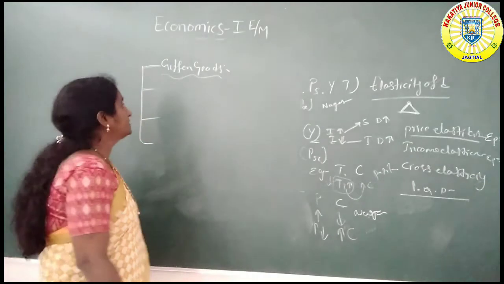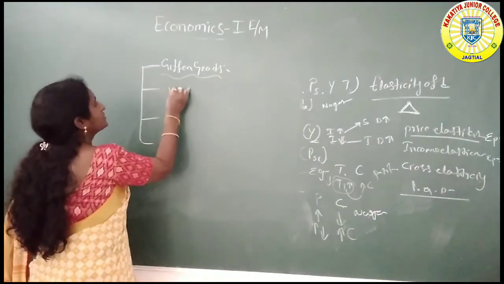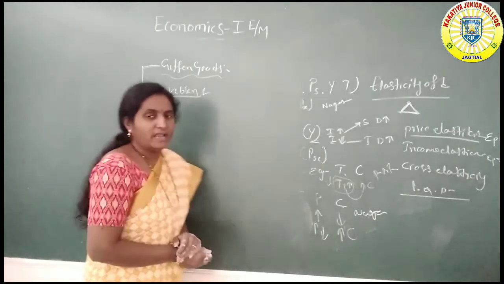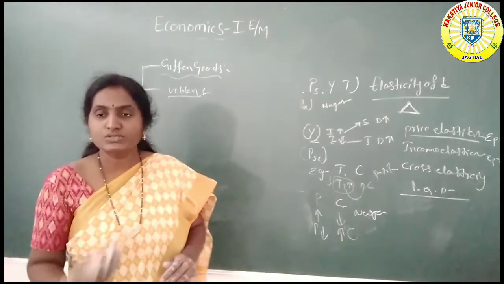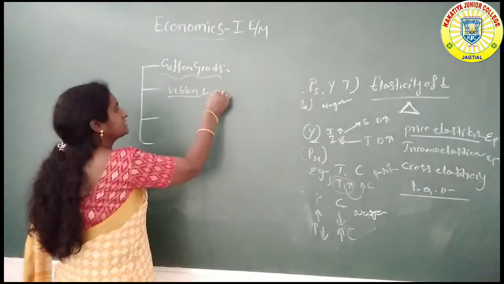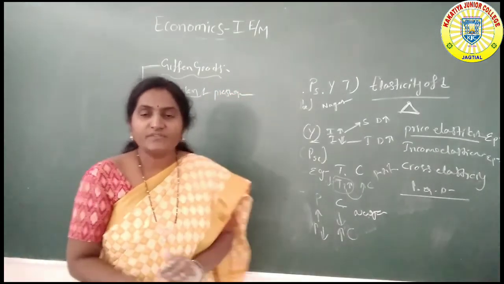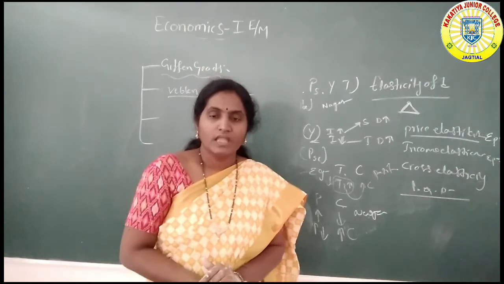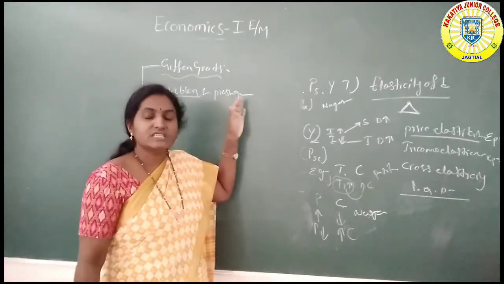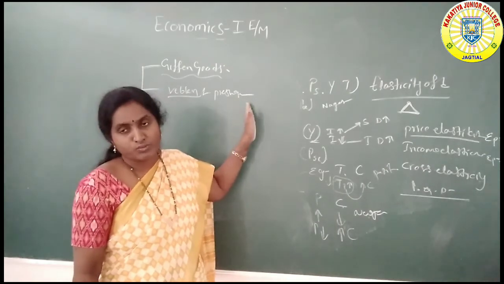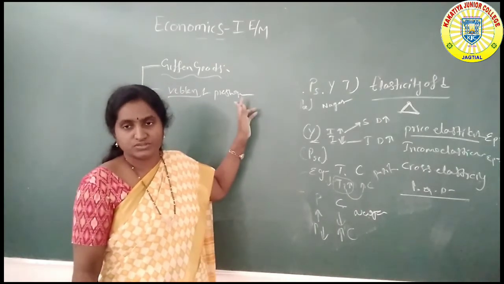Okay. Next, Veblen goods. Sir Thorstein Veblen introduced these goods, and they are also known as prestigious goods. In the case of these goods, when the price increases, consumers purchase more of them. Why?